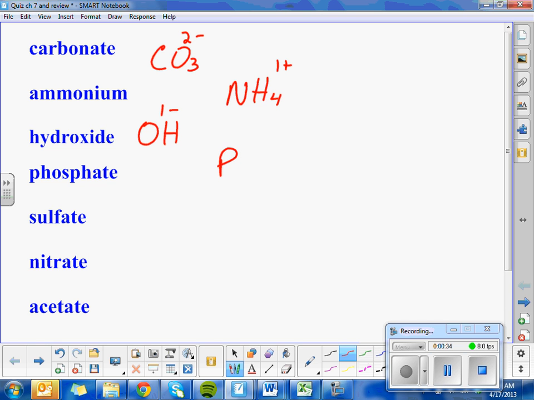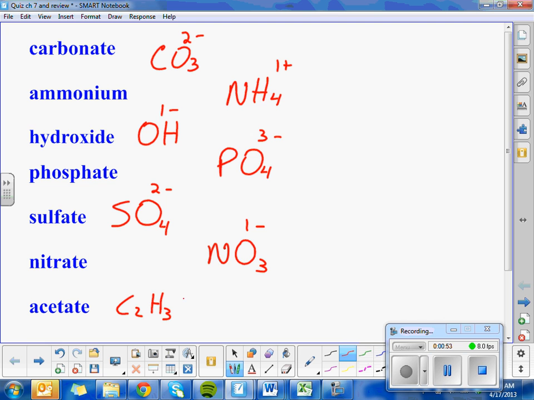Phosphate, PO4, 3 minus. Sulfate is SO4, it's a 2 minus. Nitrate is NO3, it's a 1 minus. And acetate is C2H3O2, and it is a 1 minus.